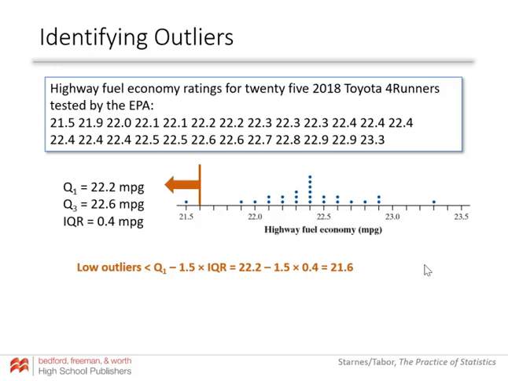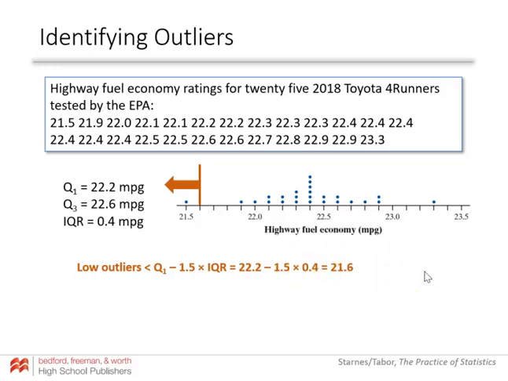So we'll look at an example. It's that same data set from before. And here we have Q1 is 22.2, Q3 is 22.6, so the IQR is 0.4. Okay, so when I do this math to find my low outliers, I'm going to do Q1, 22.2, minus 1.5 times my IQR, and that gives me 21.6.